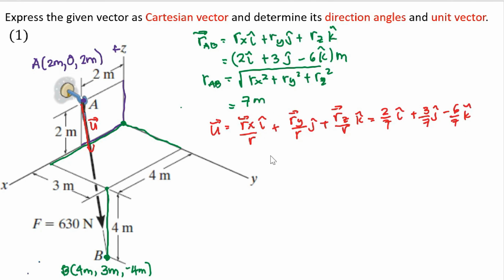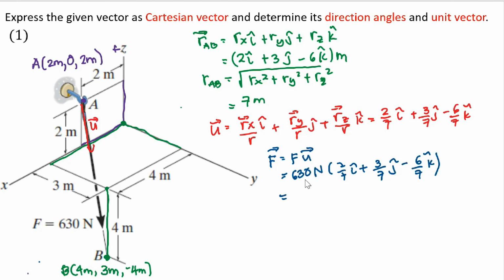Since we already have the unit vector, we can now solve for our force vector, which is just equal to the magnitude multiplied by its unit vector. The given is 630 Newton, times 2 over 7 i hat plus 3 over 7 j hat minus 6 over 7 k hat.